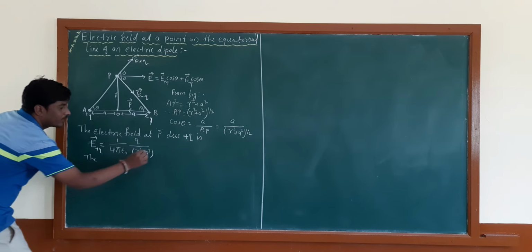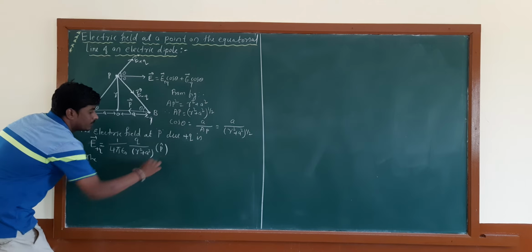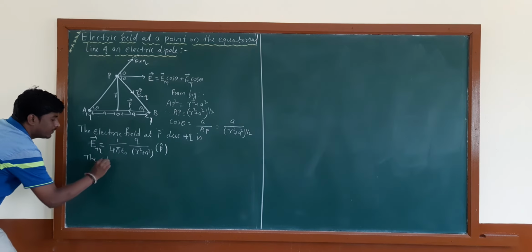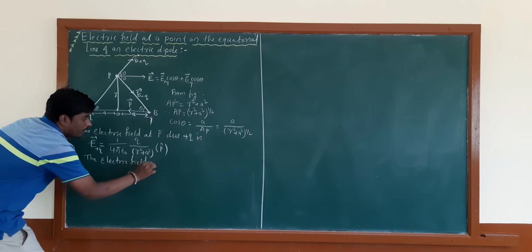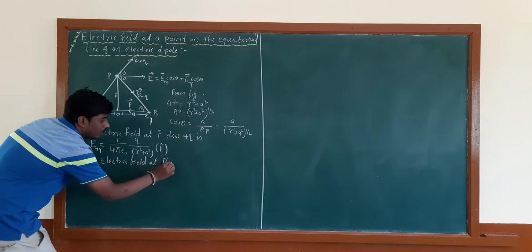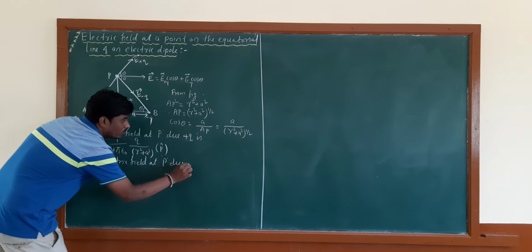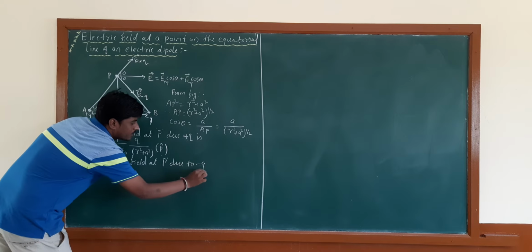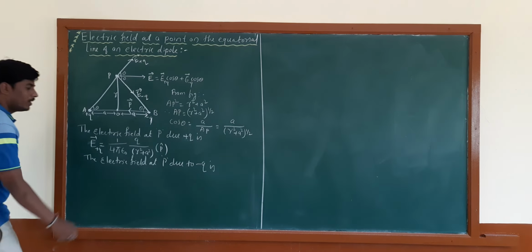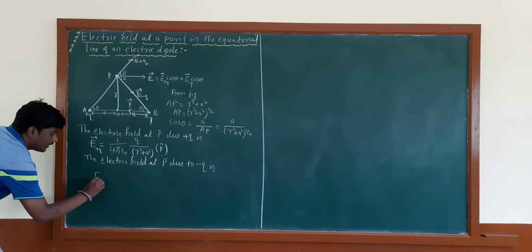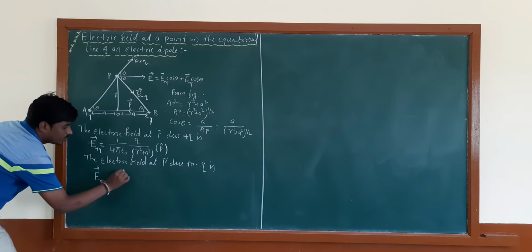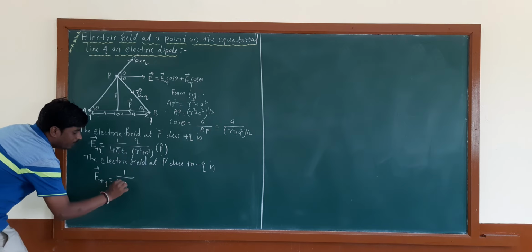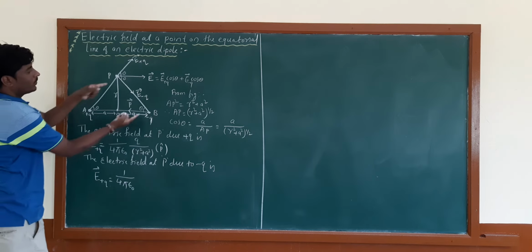Similarly, the electric field at P due to minus Q is also the same, equal to 1 divided by 4 pi epsilon naught. What is the distance?